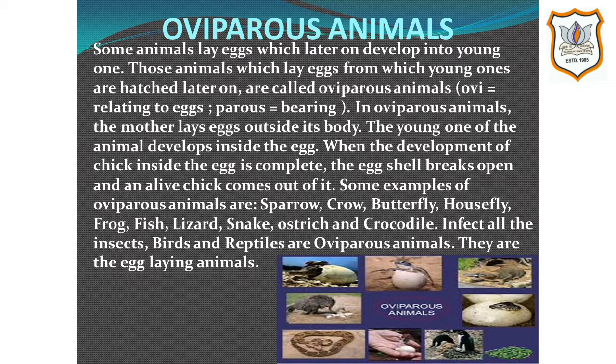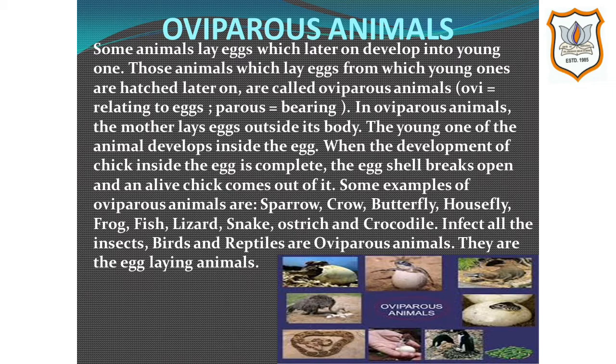When the development of the young one inside the egg is complete, the eggshell breaks open and an alive young one or a baby animal comes out of it. This is called hatching. For example, the hen lays eggs. The young one of hen or chick develops inside the egg.